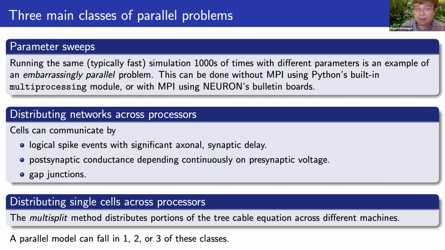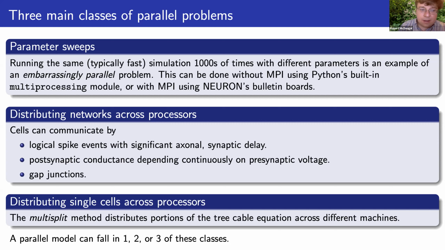So for example, last class, we talked about logical spike events. A cell generates an action potential that triggers a NetCon. That NetCon then has a certain delay, and it can send this information to whatever machine owns the postsynaptic cell at any point before that simulated delay period ends. So that's going to allow fairly efficient communication because we can exploit these delays.